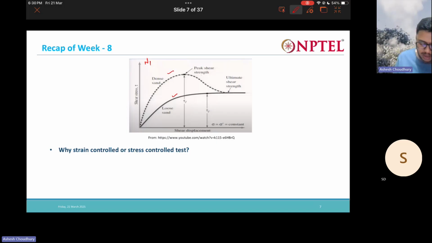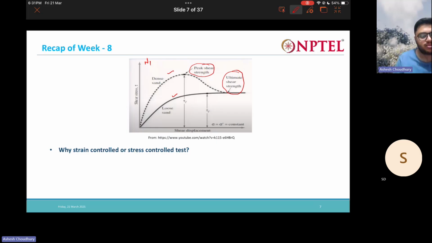So for the dense sand, you can see, it's up to you to decide which shear stress value you should take. Either you should take the peak shear strength or the ultimate or the residual shear strength. It's up to you which one to take. So as I said, for normal stress 1 you will take one shear stress value, then for normal stress 2 you will take one more shear stress value, and so on.